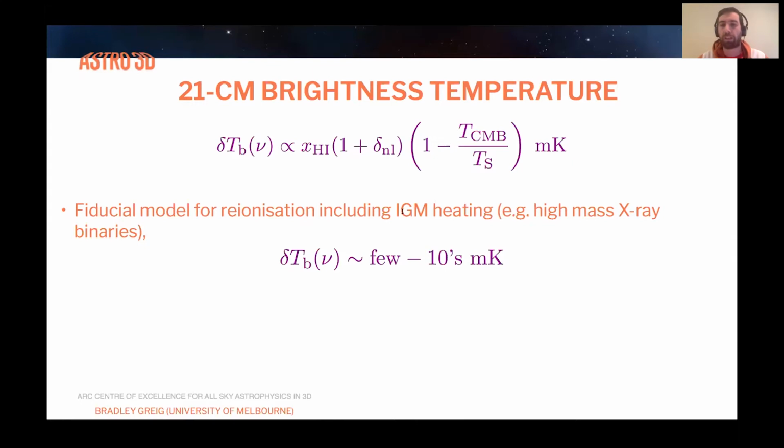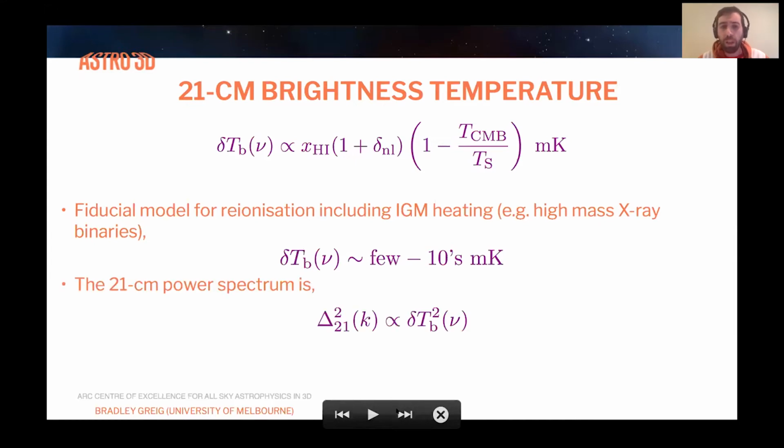X-rays escaping the galaxies go into the IGM, propagate far, and cause secondary ionizations and heating of the IGM. Under these kinds of scenarios, you expect a brightness temperature contrast of a few to tens of millikelvins. And the power spectrum is the brightness temperature contrast squared. So you can get signals of order tens to hundreds of millikelvin squared. So that's where you sit in terms of the figure I showed before.